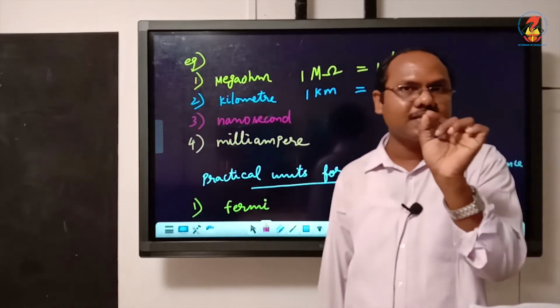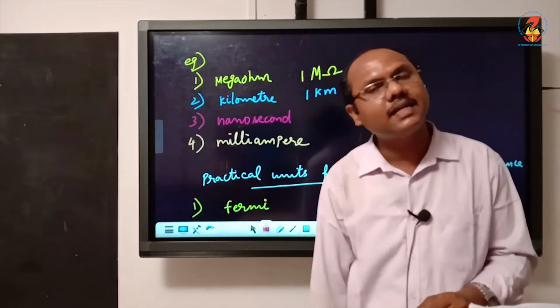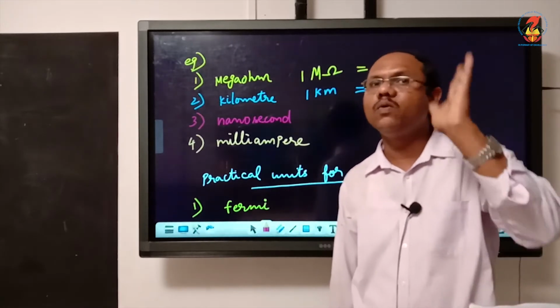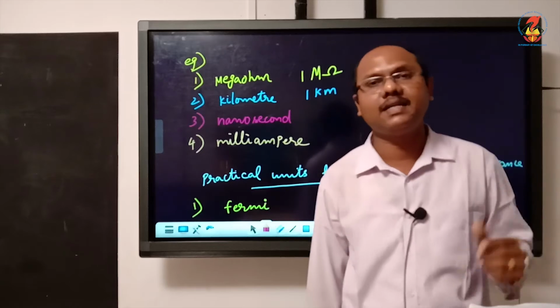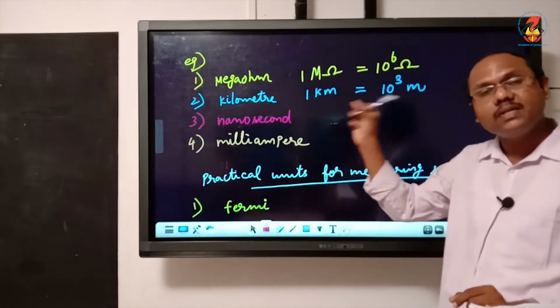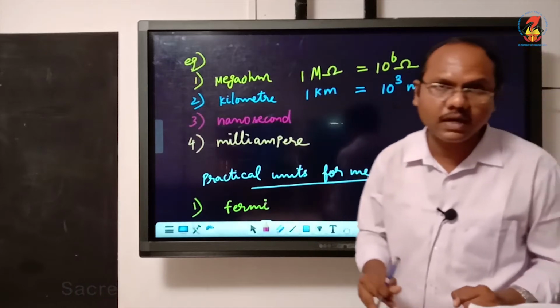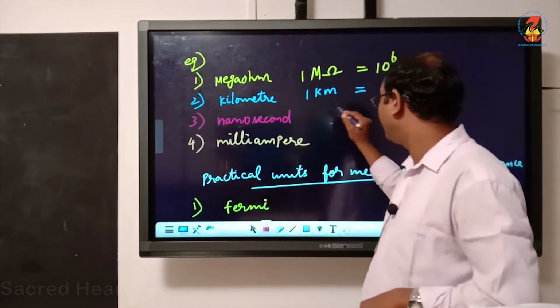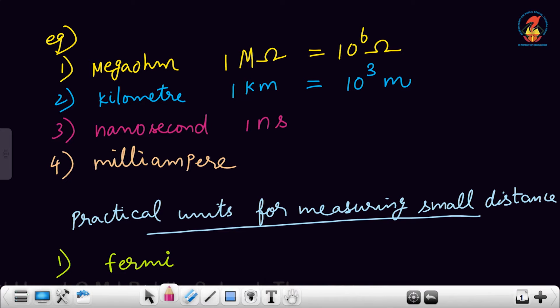Because even if there is a slight deviation in the time measurement, the rocket will go in a different direction and we can't correct it thereafter. So all the measurements should be accurate to nanoseconds. Okay. So 1 nanosecond, I will write like this: ns, which is 10 raised to minus 9 seconds.